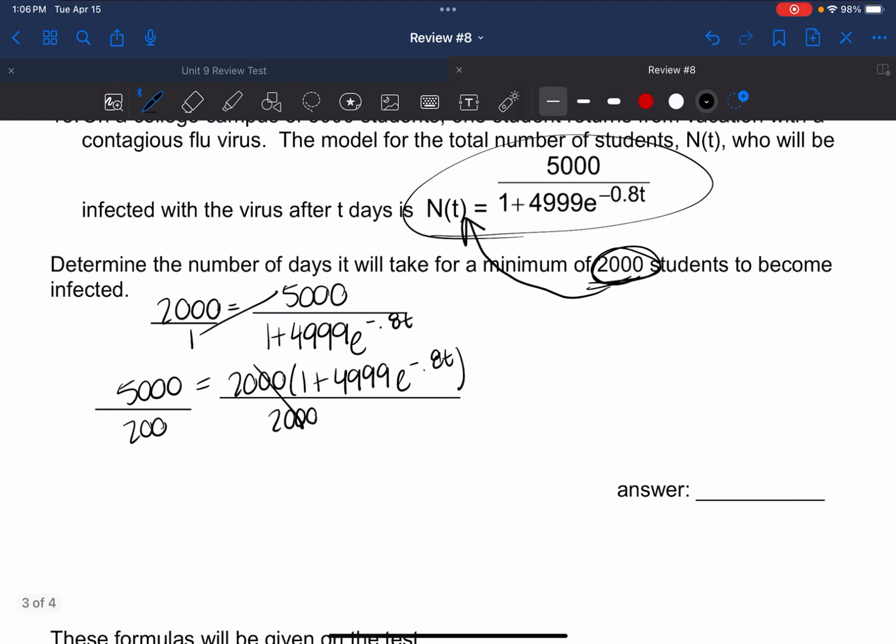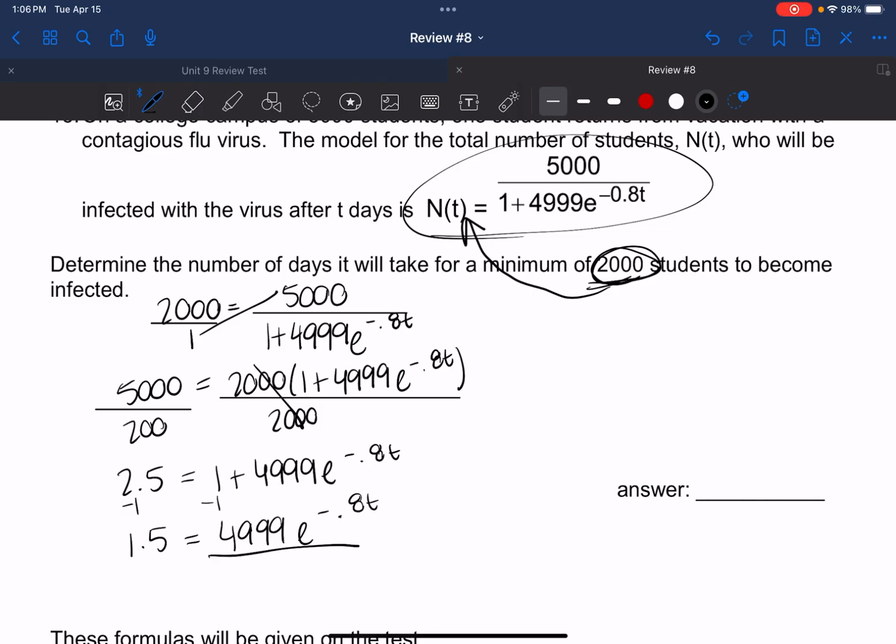Now I'm left with 2.5 equals 1 plus 4,999 e to the negative 0.8t. And then I'm going to subtract 1, which will leave me with 1.5 equals 4,999 e to the negative 0.8t. And again, I'm trying to get t by itself.